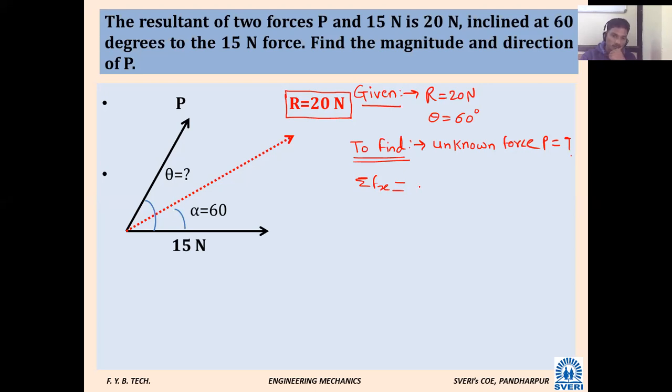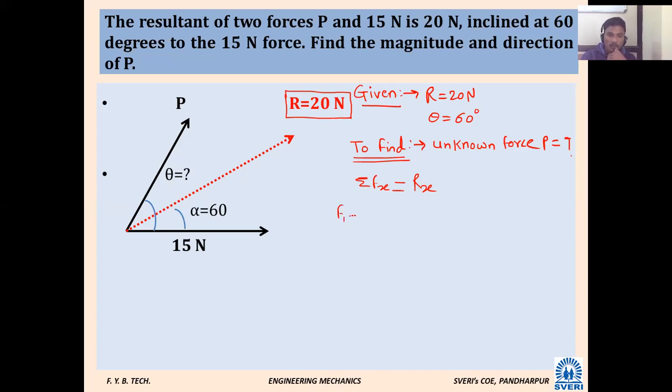Do you feel like this? Yes, sir. I will write something like this. Rx means the x component of the resultant, and if we add the x components of all the remaining forces, can it be equal? Do you feel it is possible? Or shall we assume like this? Anyhow, what are we doing?